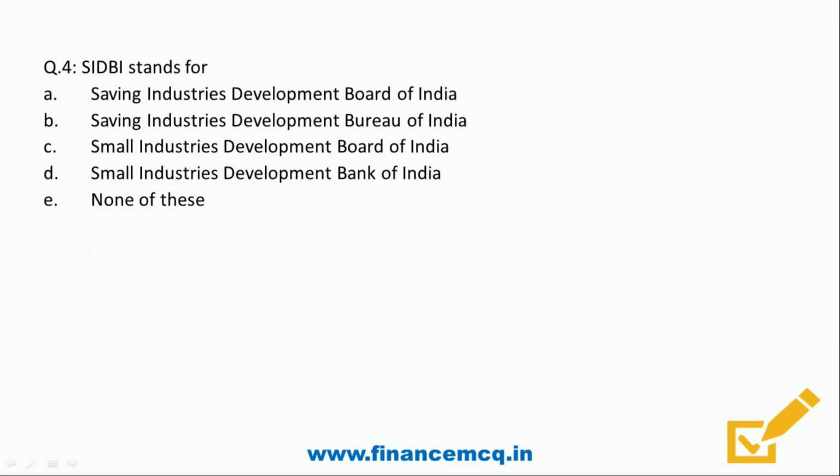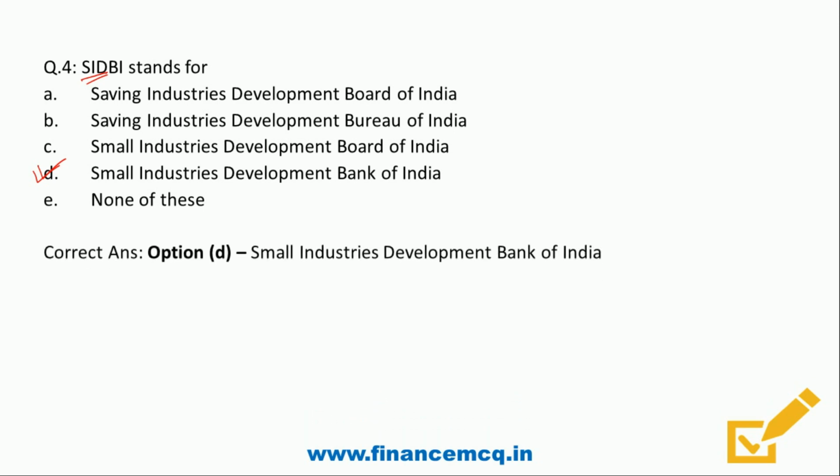Question 4. SIDBI stands for option A Saving Industries Development Board of India, B Saving Industries Development Bureau of India, option C Small Industrial Development Board of India, option D Small Industrial Development Bank of India, option E none of the above. So, what's the correct answer? Friends, the full form of SIDBI is Small Industrial Development Bank of India, so option D is the correct answer.